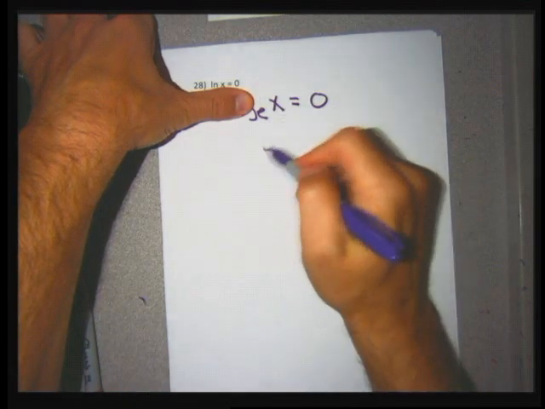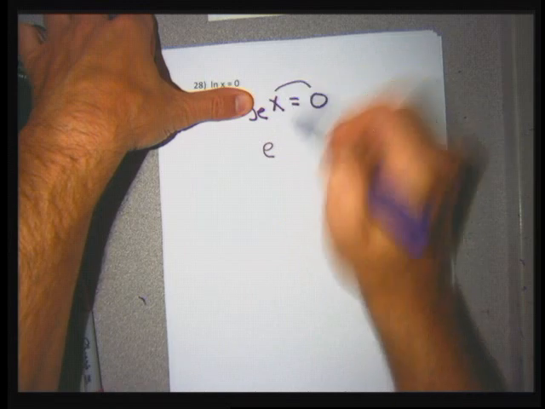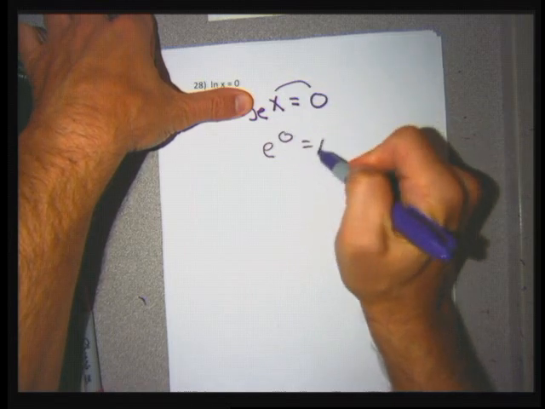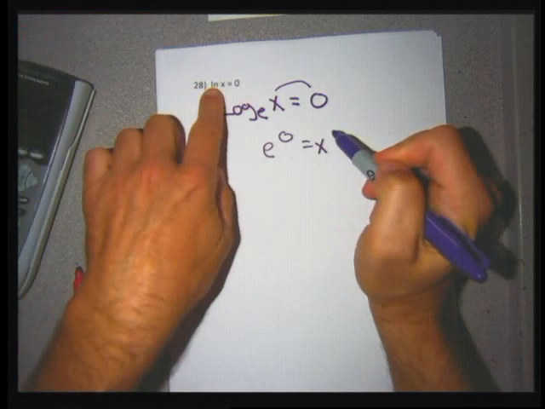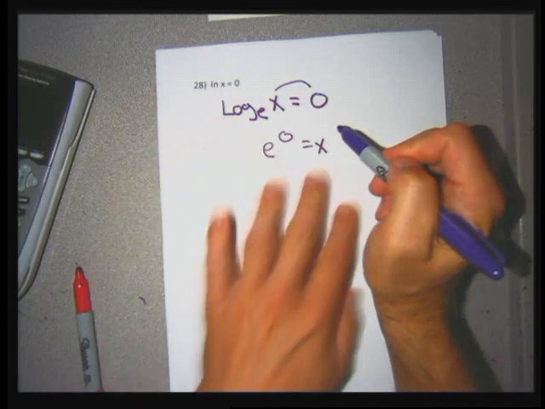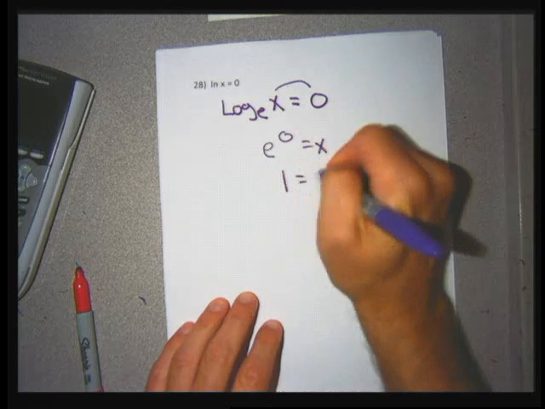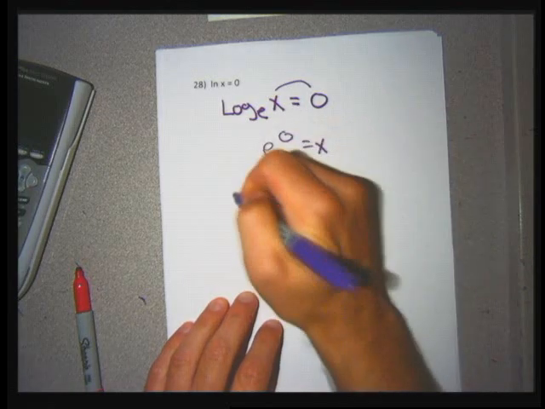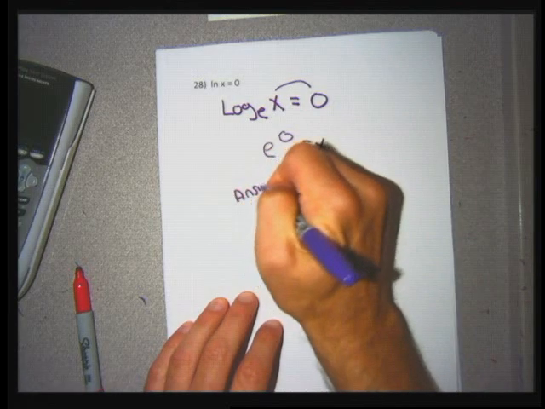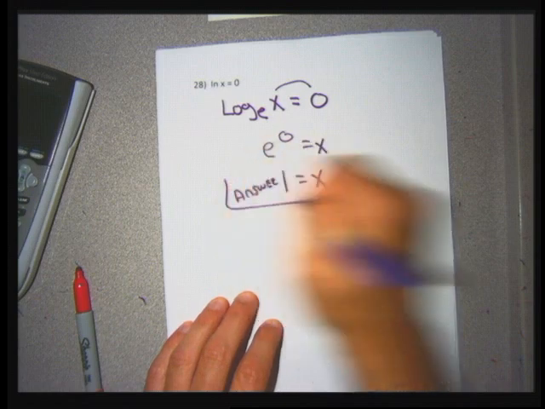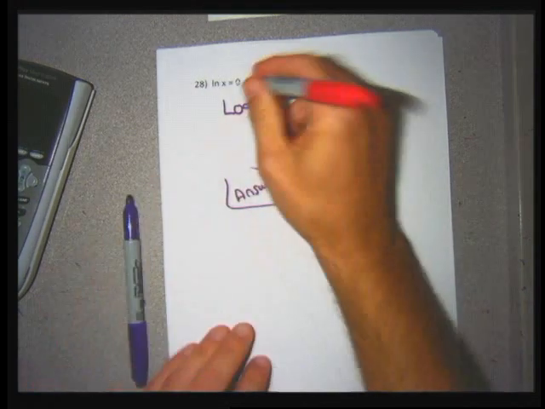The e that's the base stays the base. I switch the 0 and the x. So writing the problem ln of x equals 0 without a logarithm, you get e to the 0 equal to x. Anything to the 0 power is 1, so that gives me x equal to 1. I believe that's the answer. This is going to be easy to check because calculators do well with ln's.